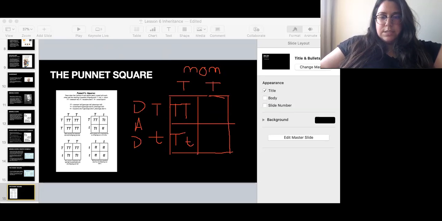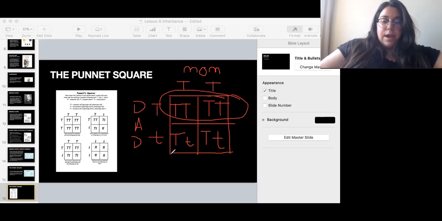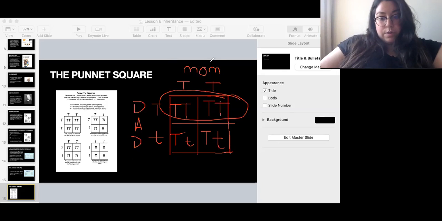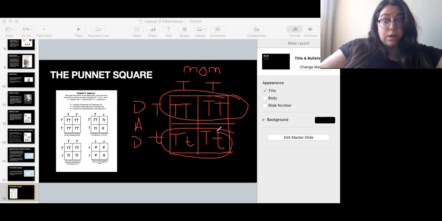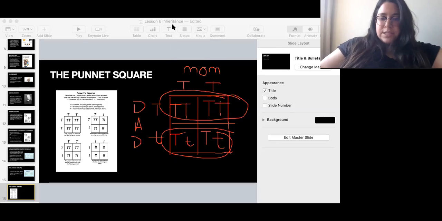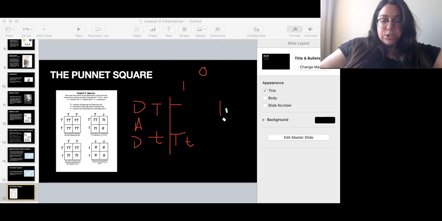What happens is that half of the plants, or 50%, are going to be purebred tall, and the other half are going to be hybrids that look tall, but when they have kids, they could have dwarf ones. I hope that's clearer, but if you have questions, we can talk about it in class.